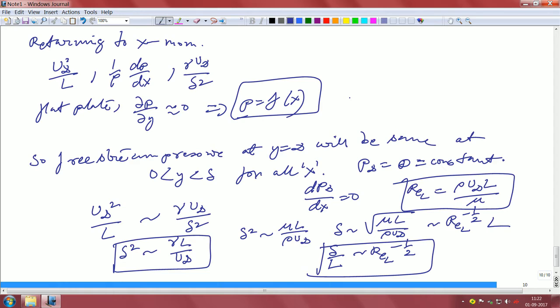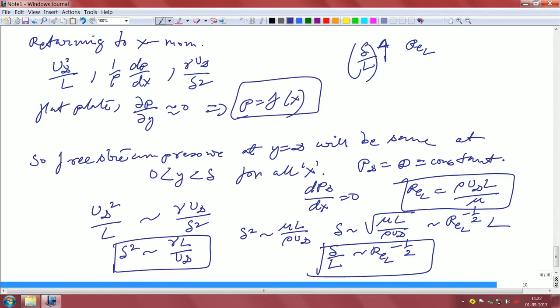So, what is delta by L? Delta by L is basically the ratio. You can also call it something like a slenderness ratio of the boundary layer, right. That means delta by L, if the Reynolds number goes up, what happens? It becomes 1 over the Reynolds number.